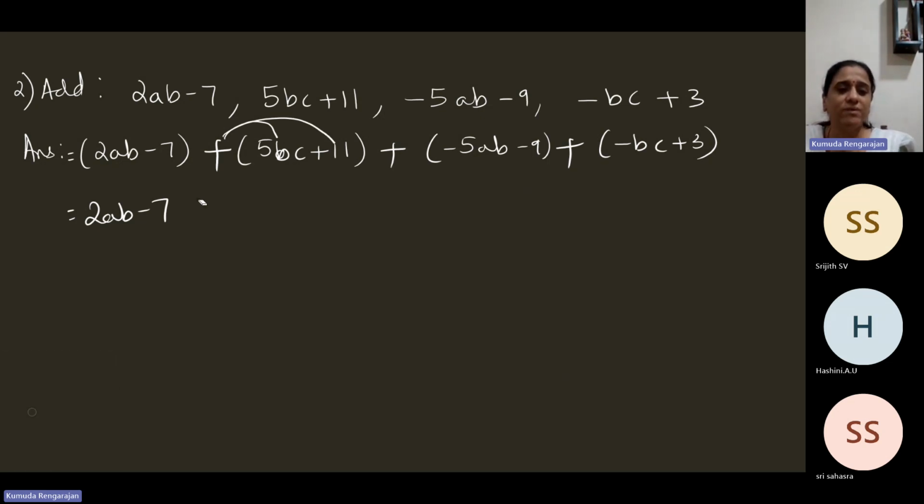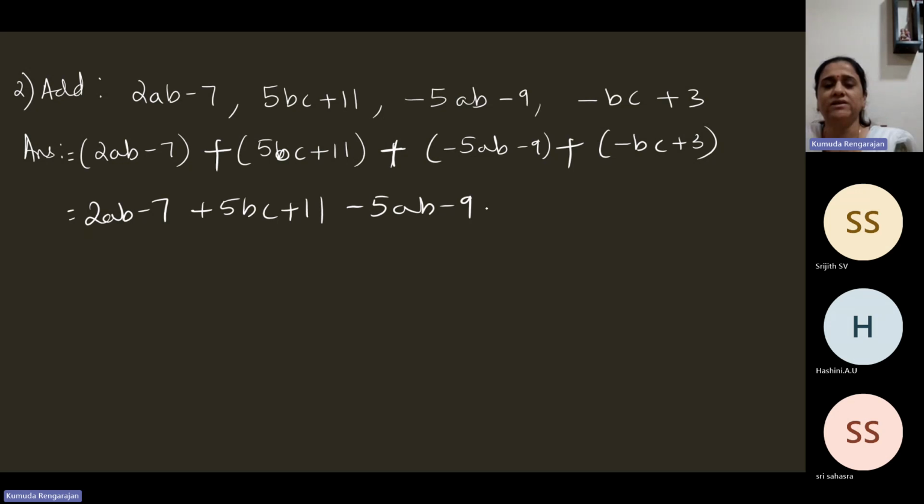So plus 5bc, plus 11, no change. Here too, outside the bracket there's a plus sign, so minus 5ab will come out as it is, minus 9. Here, minus bc plus 3. No change.